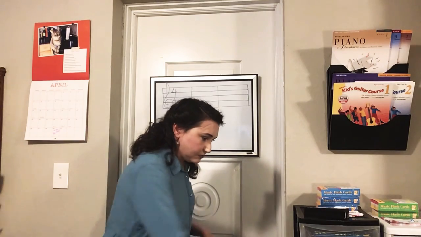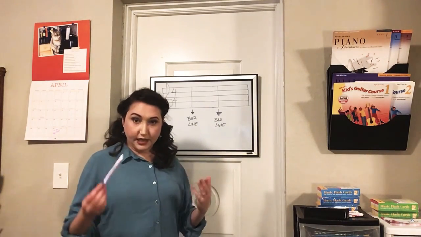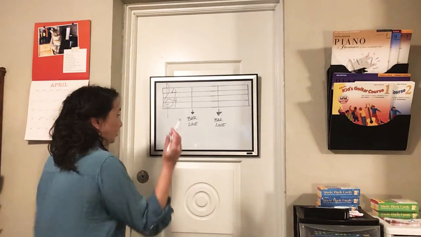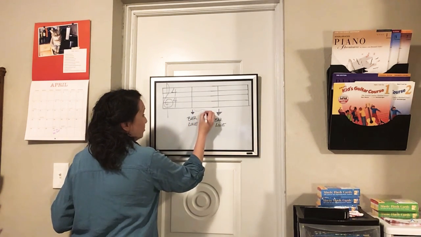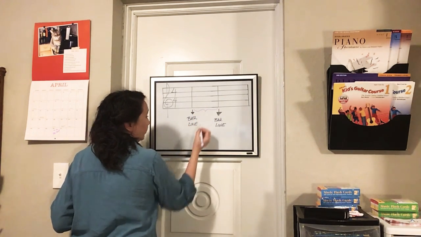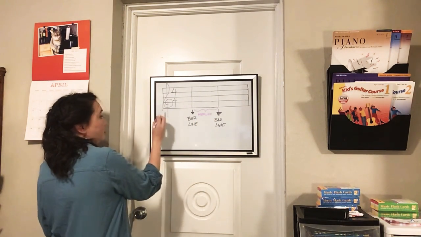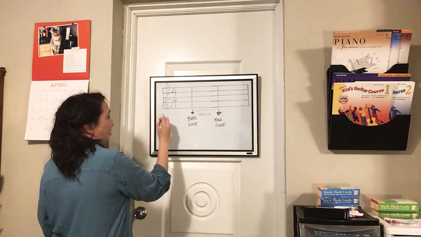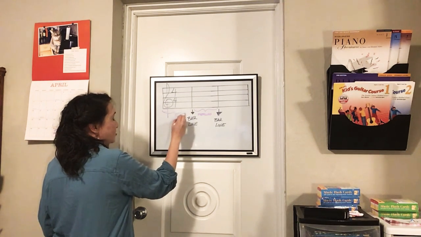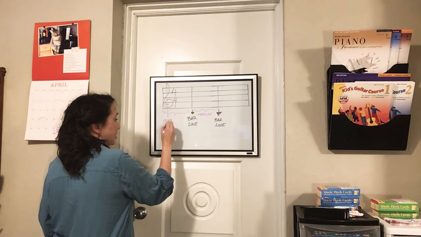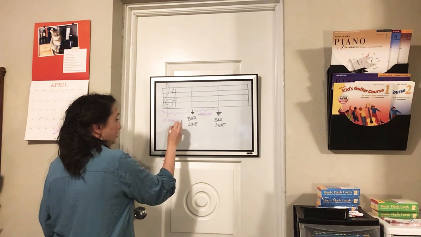Now, a measure is what we call the space between the two bar lines right over here. We call this a measure. So this is a bar line, this is a bar line. The space in between the two right here is a measure.